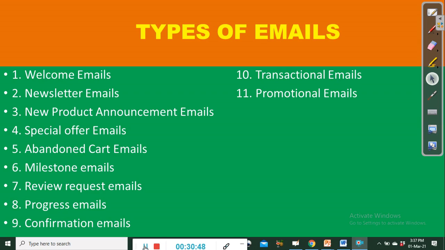Now, the next type of email is the transactional email. Transactional emails are very important because the purpose is to facilitate a transaction.